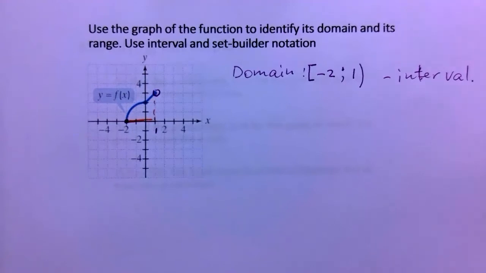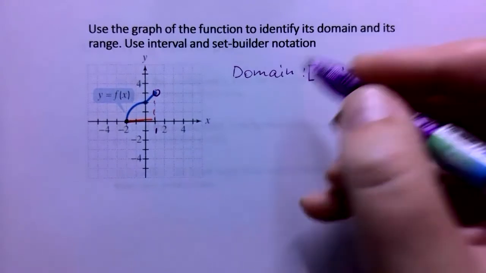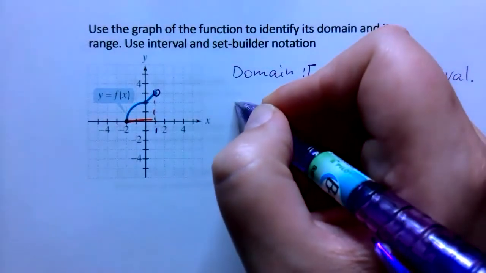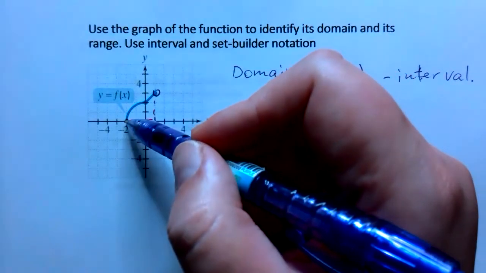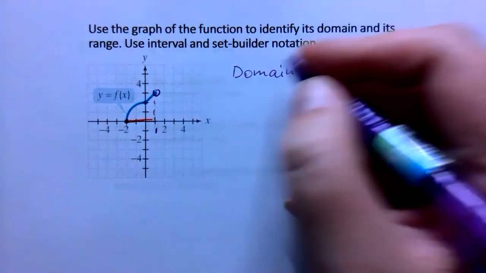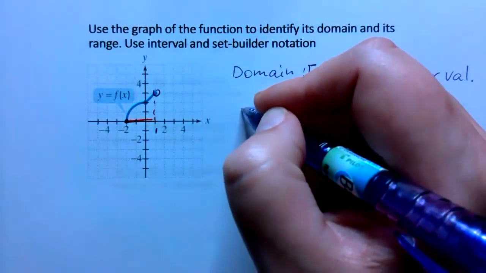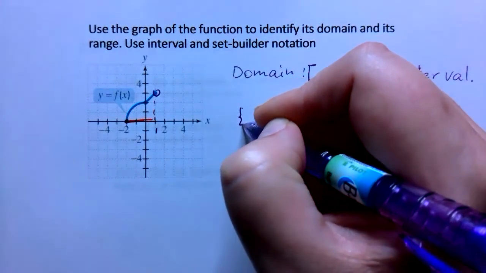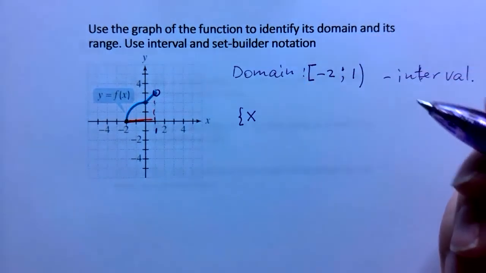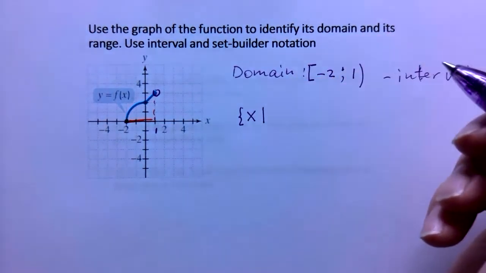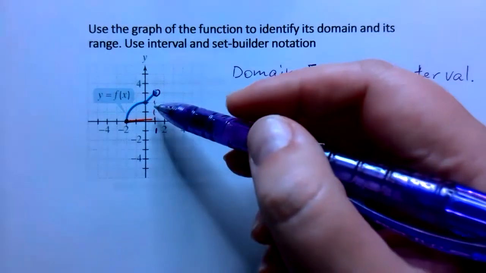But there is also what's called set builder notation. For set builder notation, you're going to use inequalities. You're going to say x is between -2 and 1. You start with an open curly bracket, telling your audience that you're describing x, such that, where the vertical line is read as "such that" in mathematics, and you describe it now.